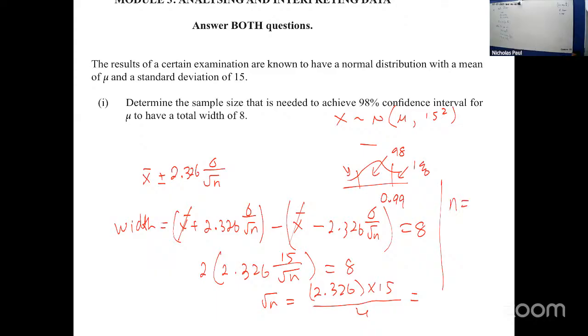Online, what you all got for n? Do it on my pi.